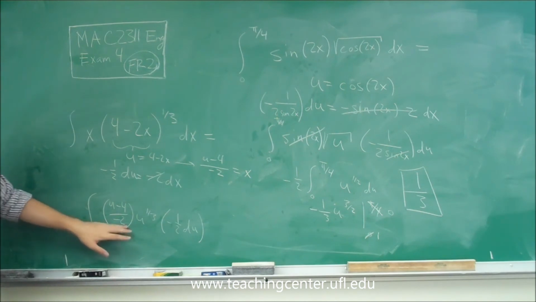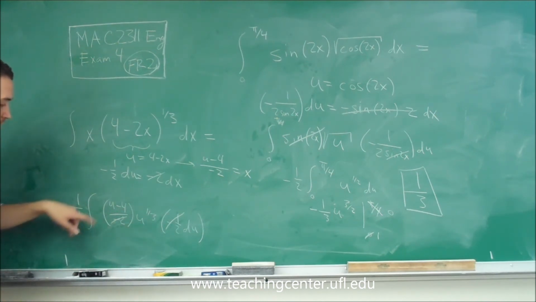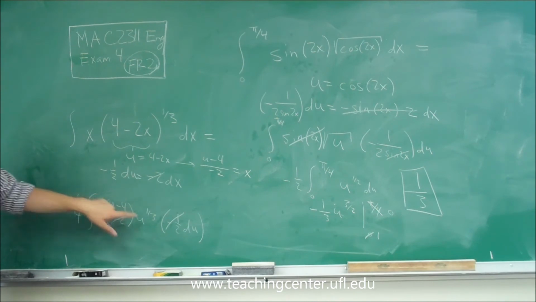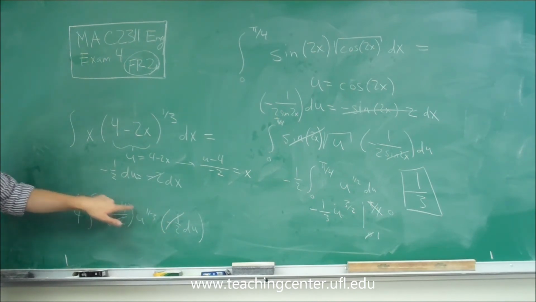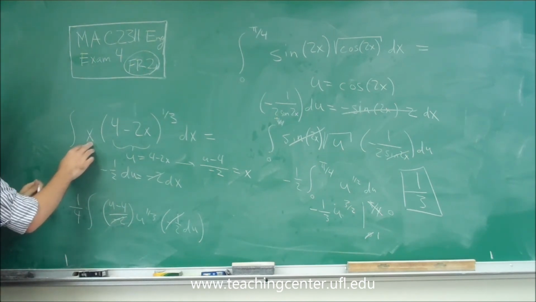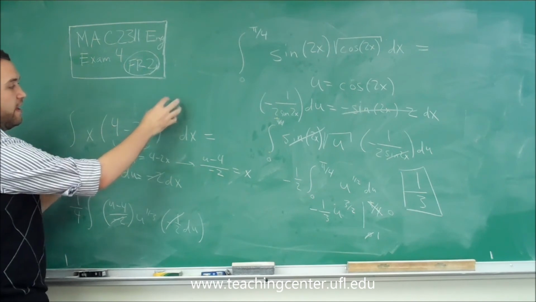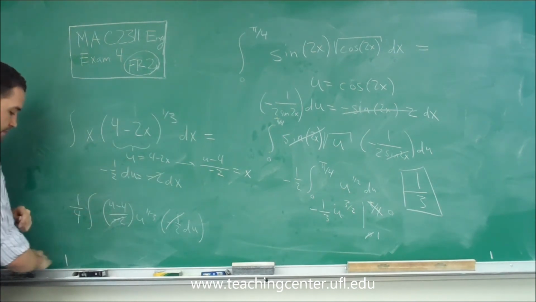And then we can simplify this, because we can pull out this -1/2, giving you a positive 1/4 on the outside. And then all you have left is u minus 4 times u to the 1/3 du. Now we can actually run that u to the 1/3 throughout this whole thing. We can distribute it, which we couldn't do up here because the multiple terms were on the inside of this power. But now the multiple terms are on the outside of the power.